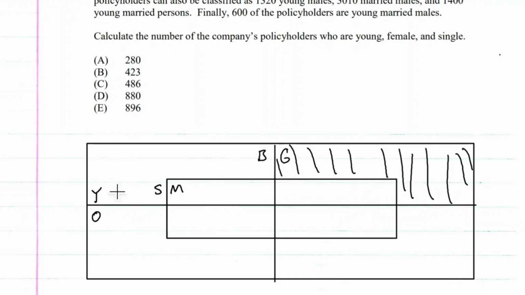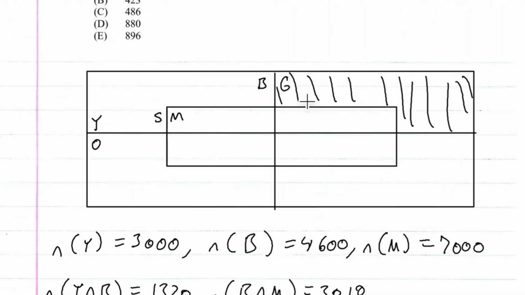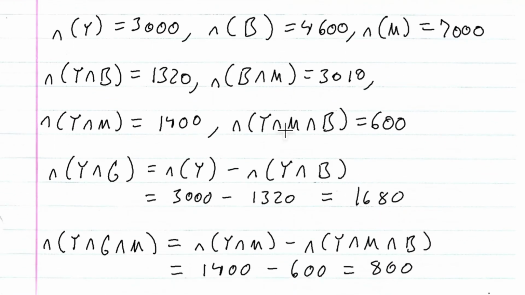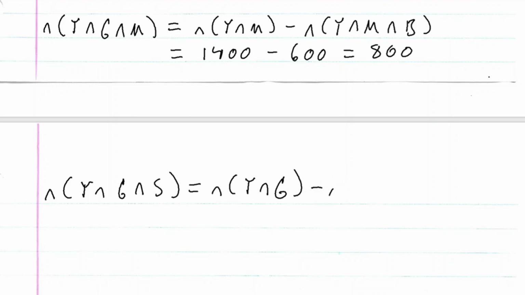To find young, girl, and single, all I have to do is take young and girl, which is what I have, so this whole thing, minus young, girl, and married, which is what I found here. So the number of young and girl and single, which is what I'm trying to find, is equal to the number of young and girl minus the number of young and girl and married.